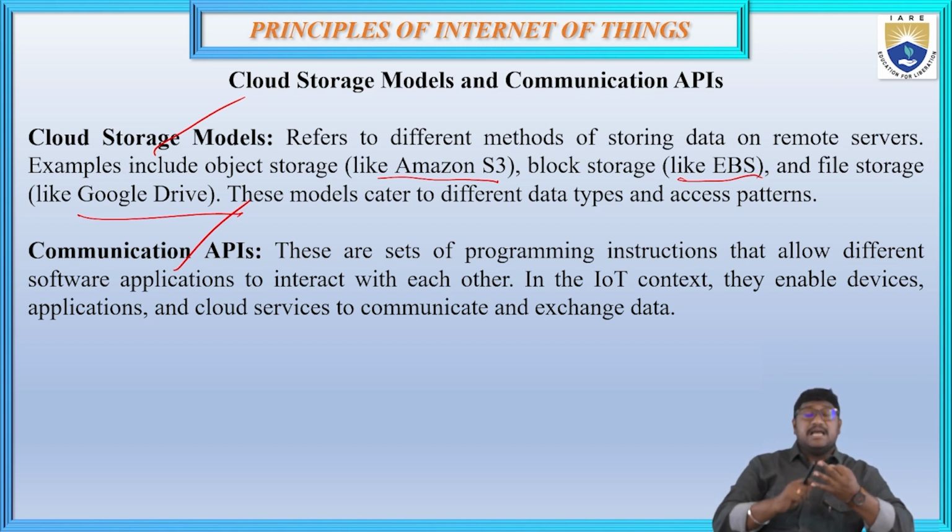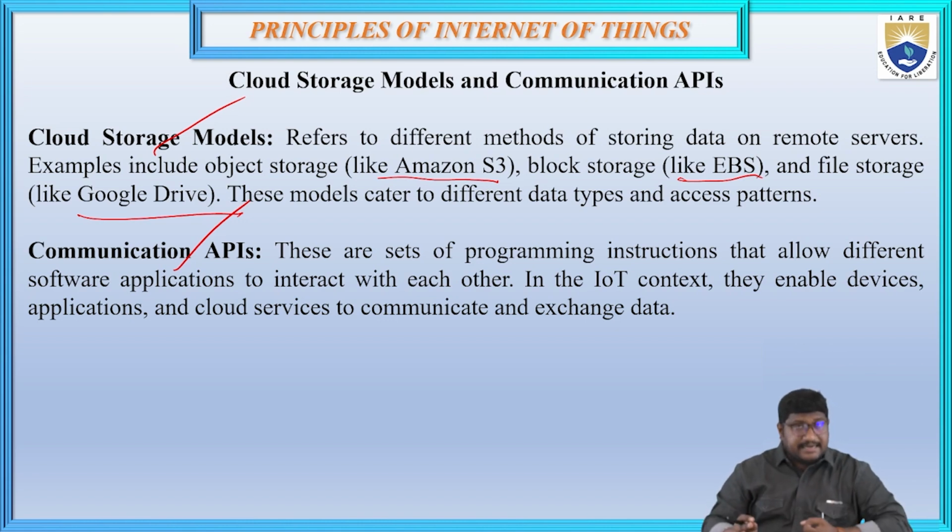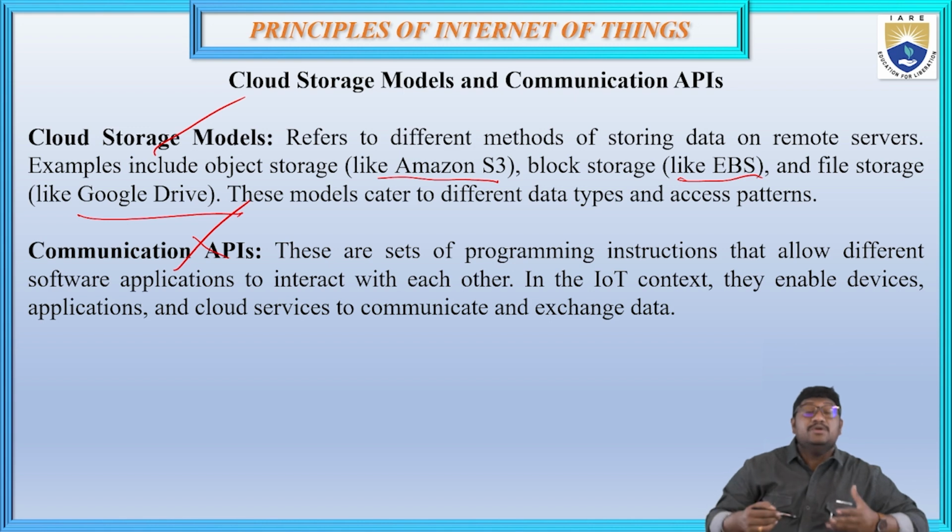These three models are going to handle different data types and different patterns that we will see in the next slide. And coming to communication APIs, which are sets of programming instructions that allow us to design different software applications to interact with each other.